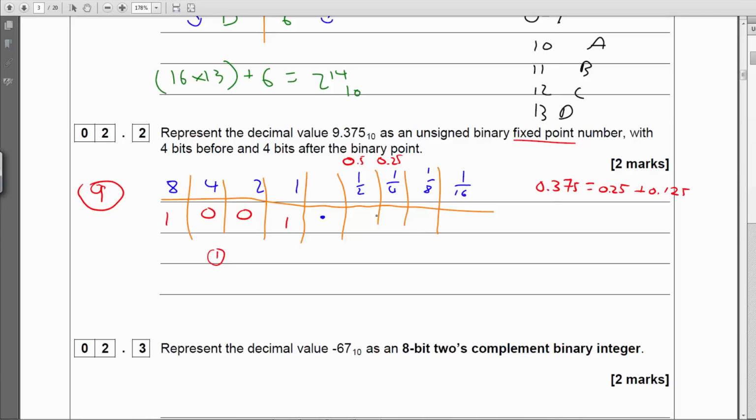So we don't even need to bother with a 16th, because we can write a 0 here. We've got 1 quarter and an eighth, so we can just write 1, 1 here and 0 here. So this is our unsigned binary fixed point number of the decimal value 9.375.